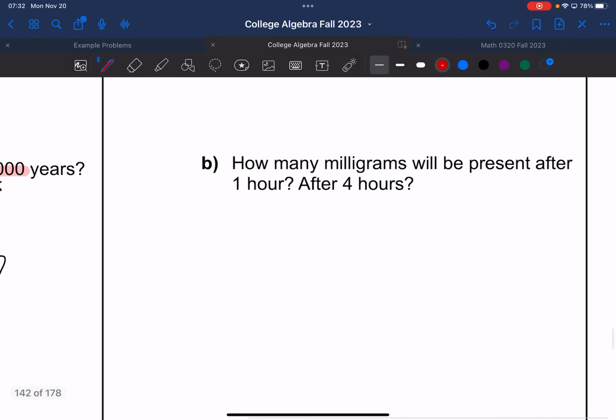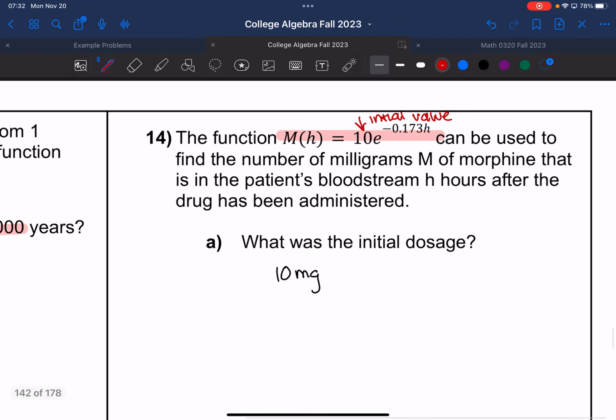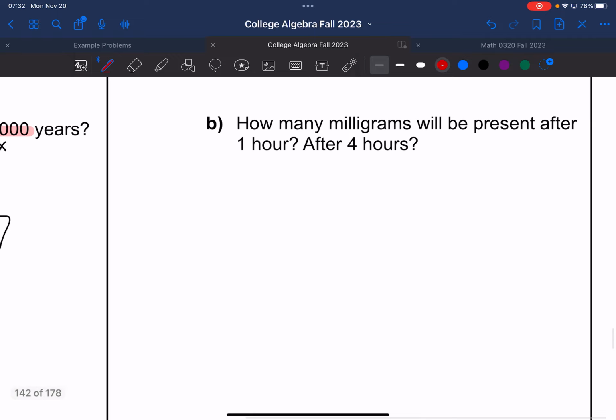Next one says, how many milligrams will be present after 1 hour? How much will be present after 4 hours? Where are we plugging that 1 and 4? Into H. So let's first plug in. So I'm going to rewrite the equation.